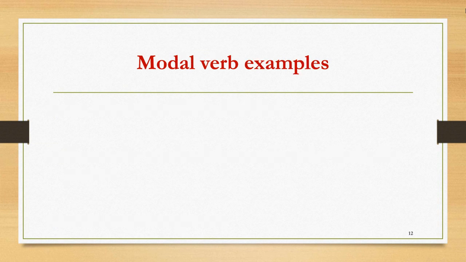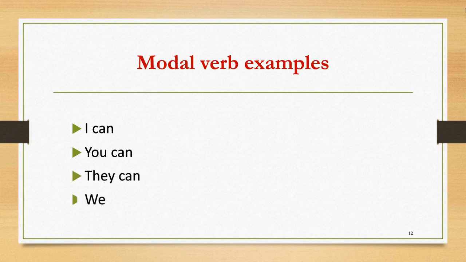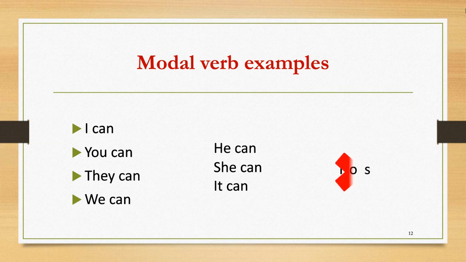For example, I can, you can, they can, we can. With he, the verb stays can. He can, she can, it can, with no S. It doesn't take any S at the end of the verb.